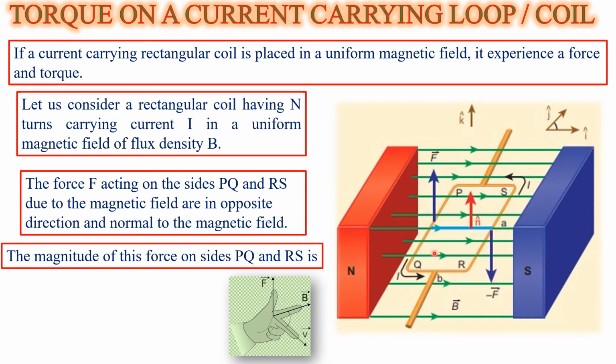And we can use Fleming's left hand rule to find the direction of force on the side PQ. So by using Fleming's left hand rule we get the direction of force, that is upward. So the direction of force on this side SR is opposite to the direction of force on the side PQ.